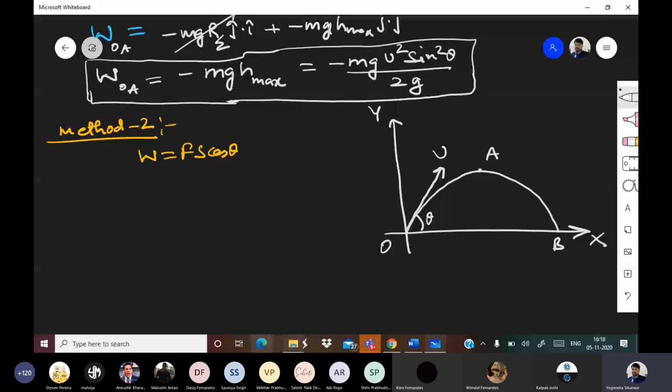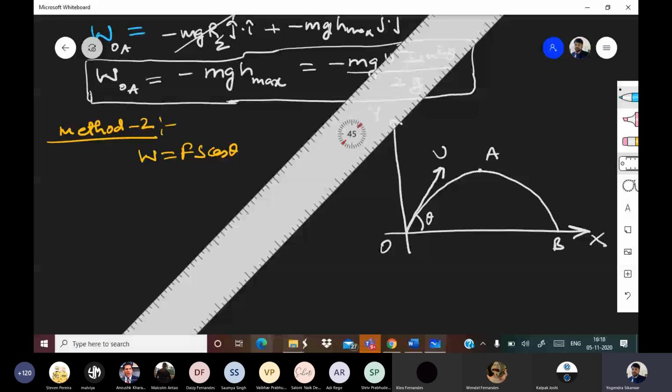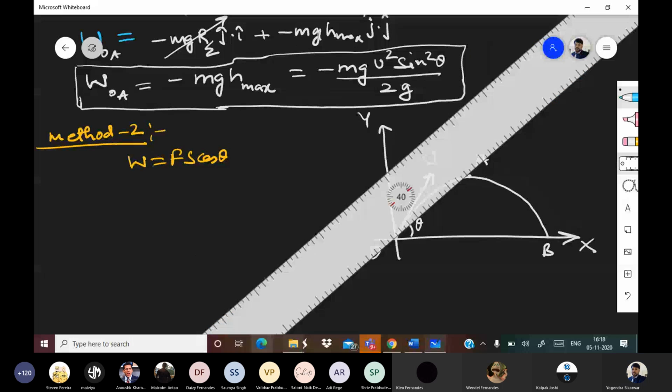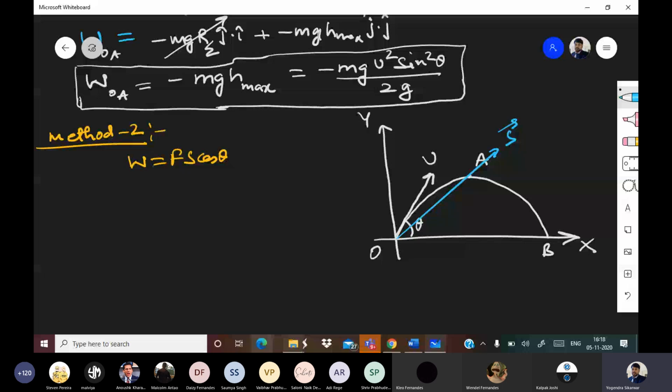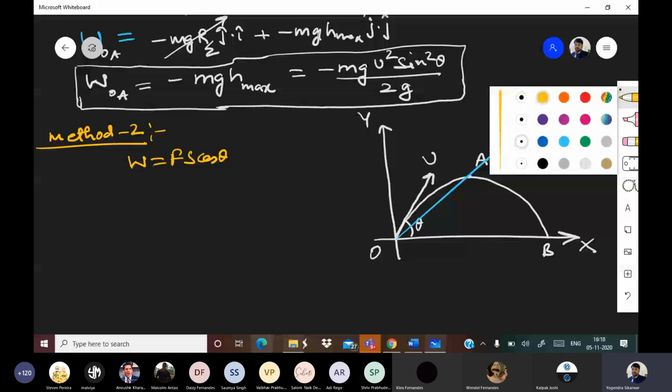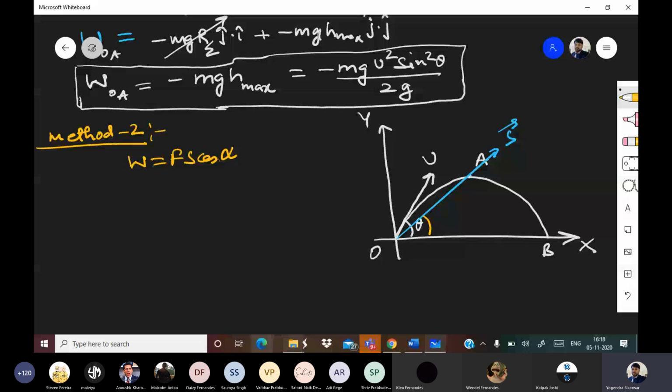Now pay attention. Your theta will be the angle between the F vector and the R vector, or you can say the S vector, and rather than using theta here, let me use alpha. Fs cos alpha.